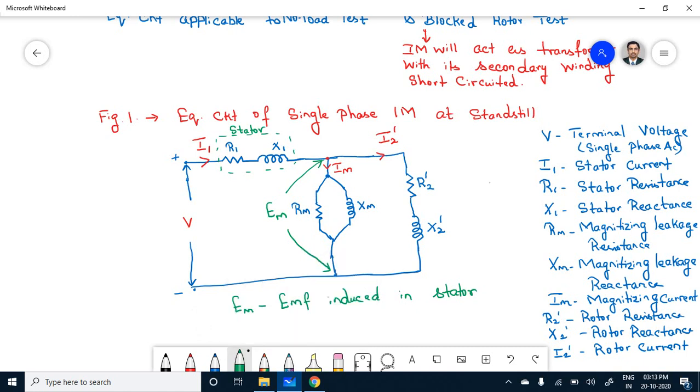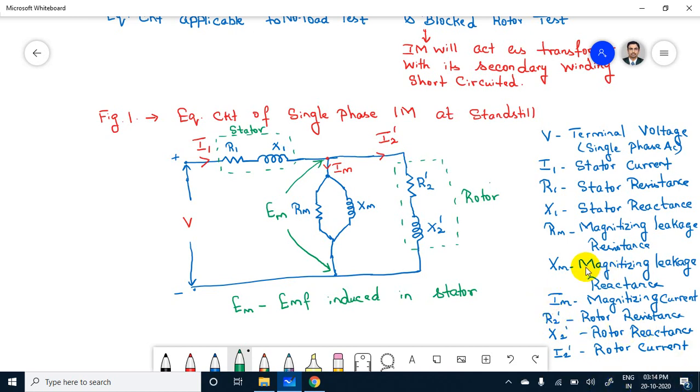Now here you see this diagram. This is the rotor, stator R1, and this part, right hand side, this portion rotor. Okay, rotor. Understand?